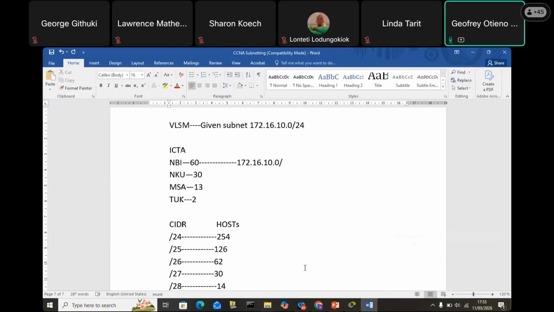Of course, I know 24 can give me my 60 out of 254. I know 25 can give me that from 126. 26 can give me that too, but the remaining 27 downwards cannot. So the one you can go for is 26. So in that case, we just need to have 26 here.